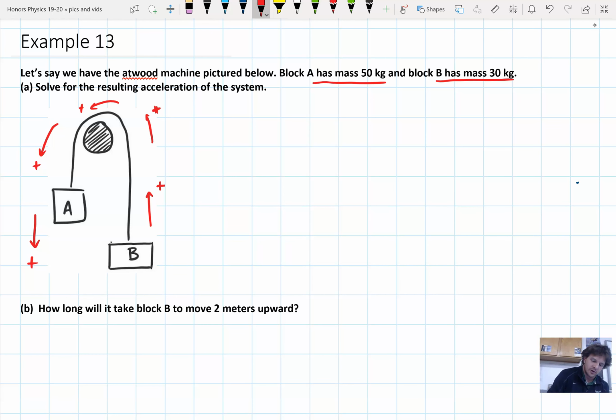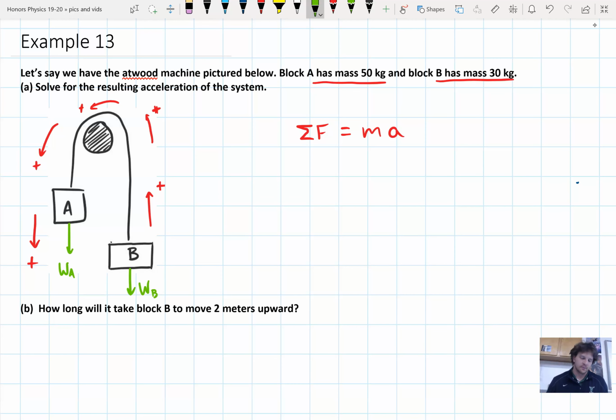So I'm going to set up the net force is equal to the mass of our system times acceleration. And from there, I just need to know what the net force is. So the net force acting on my system, both of those blocks together make my system. So I have the weight of block A trying to pull it down, and I have the weight of block B trying to counteract that.